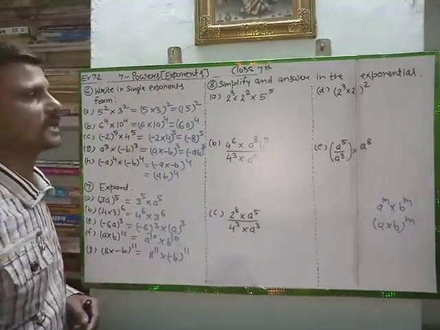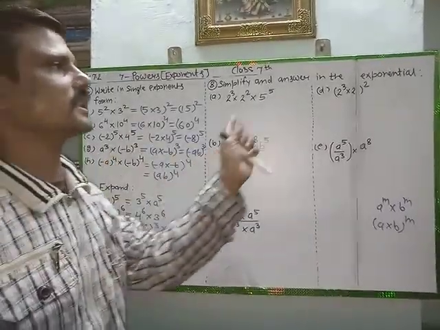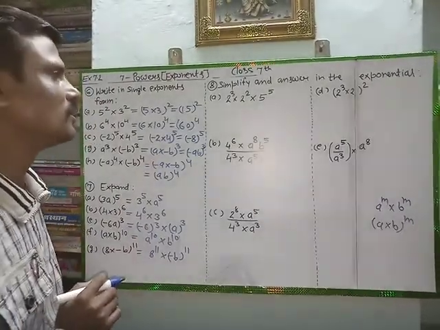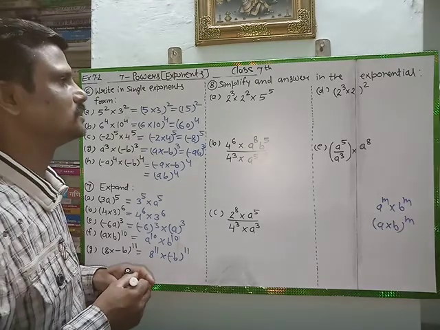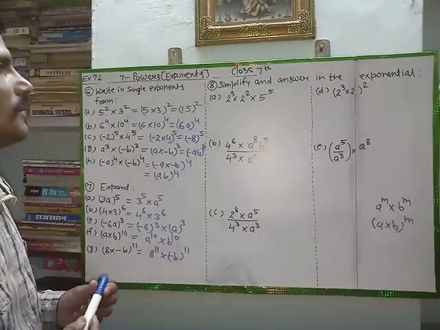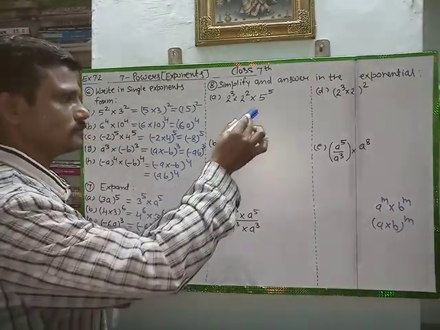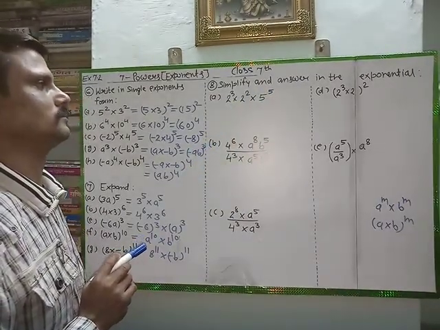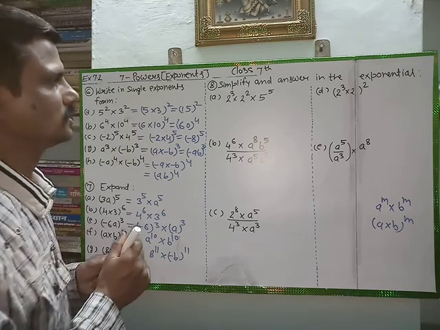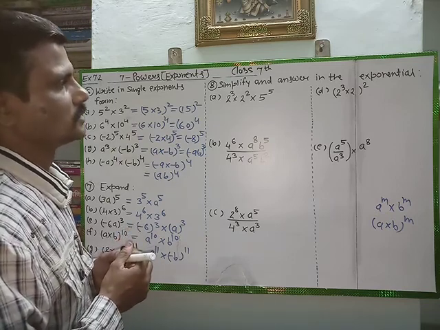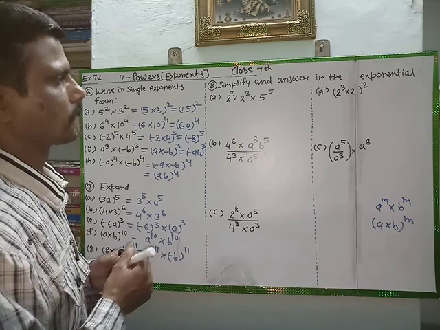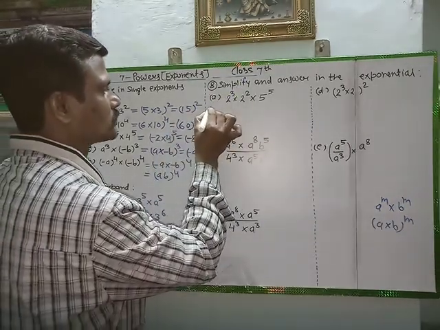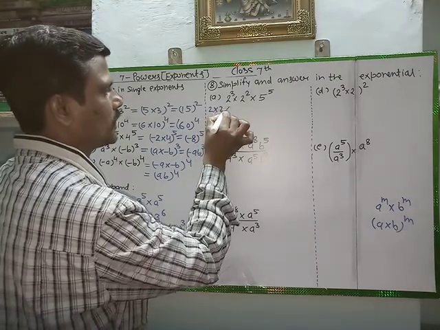Okay, question number 8. Simplify and answer in exponential. Okay, simplify it and write the answer in exponential form. So first of all, 5 to the power 5. Okay, so you can write 2 to the power 3 means 2 into 2 into 2.